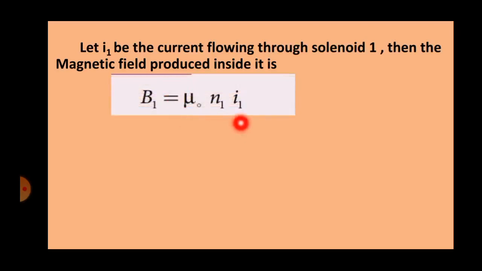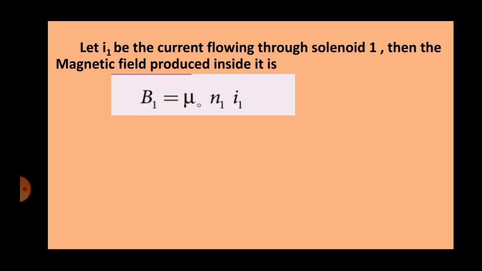As the magnetic field lines B1 pass through the area bounded by solenoid 2, there is magnetic flux linked with each turn of solenoid 2 due to solenoid 1.